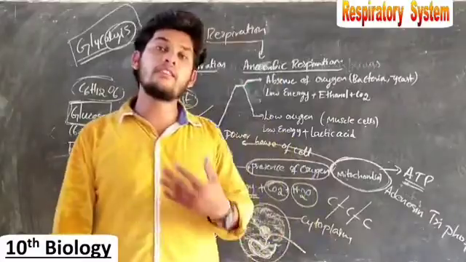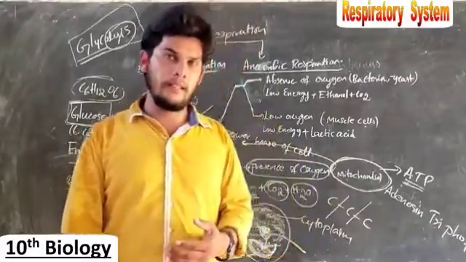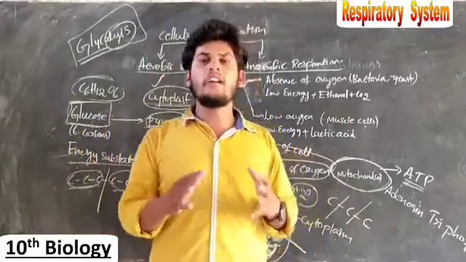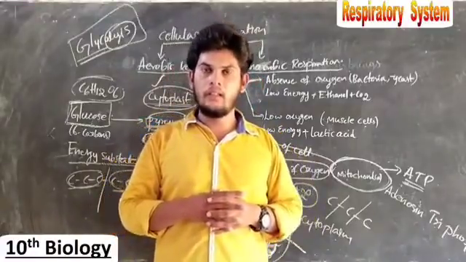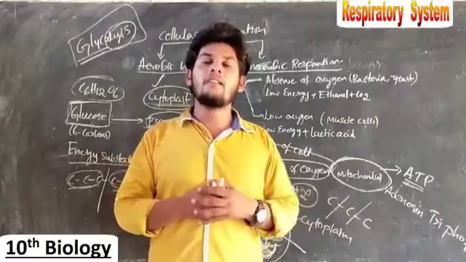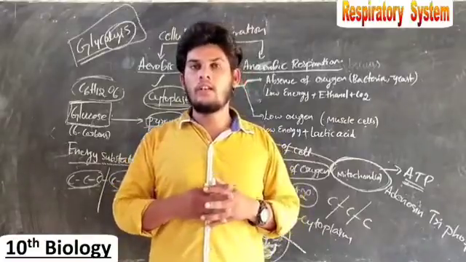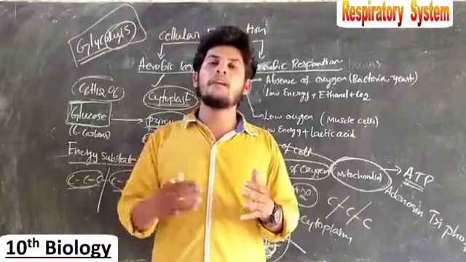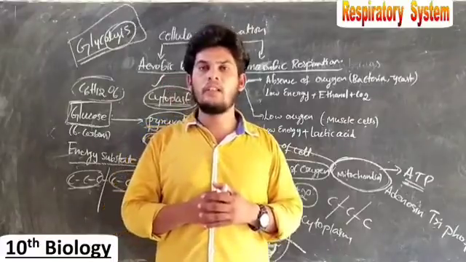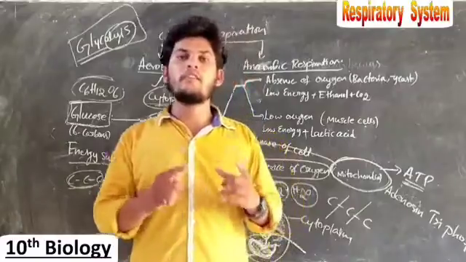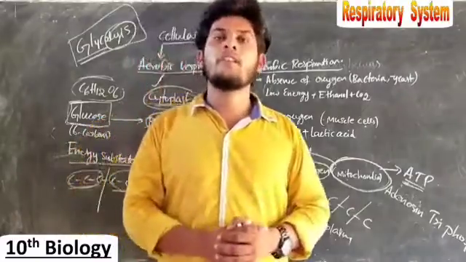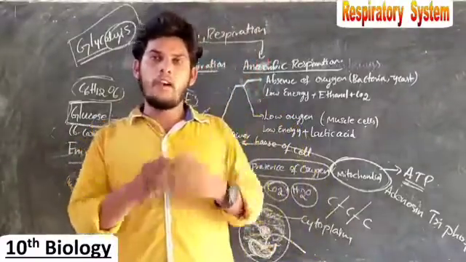That's why the mitochondria is called the powerhouse of the cell. They may ask the question, why is the mitochondria called the powerhouse of the cell? Because it stores the energy produced by cellular respiration, in the form of ATP.